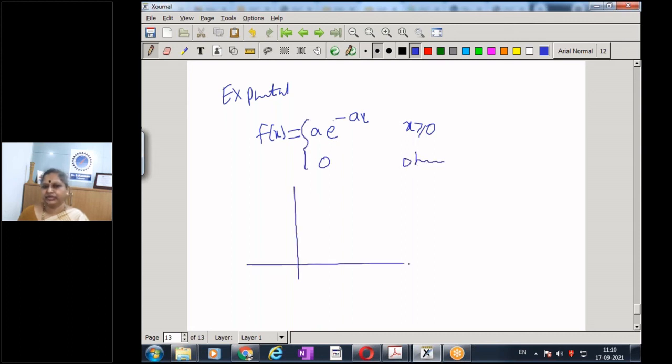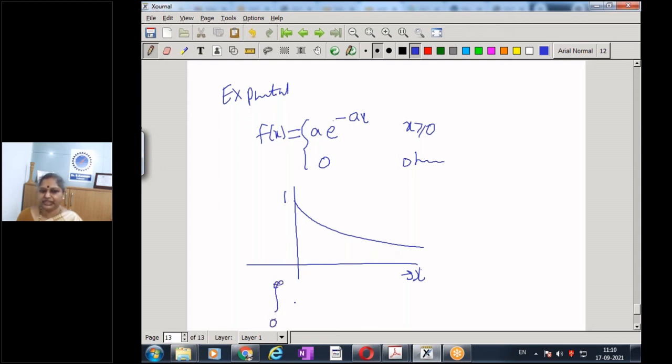This is how the exponential distribution function is. Once again, let's check whether we get the integral as 1.